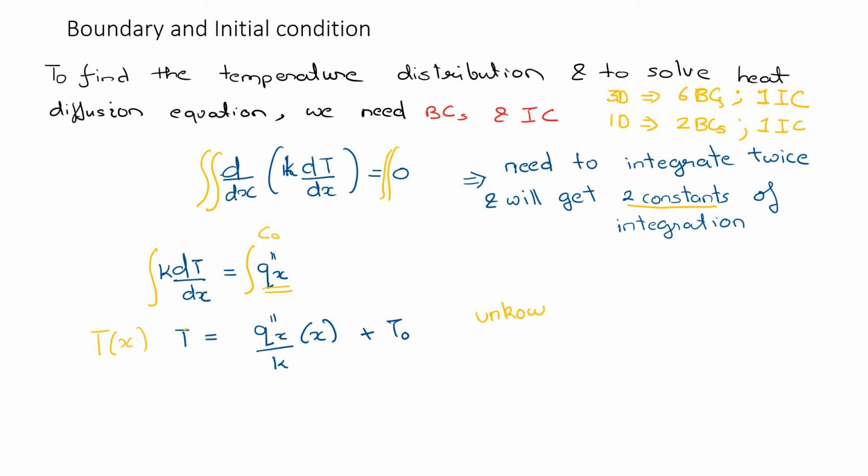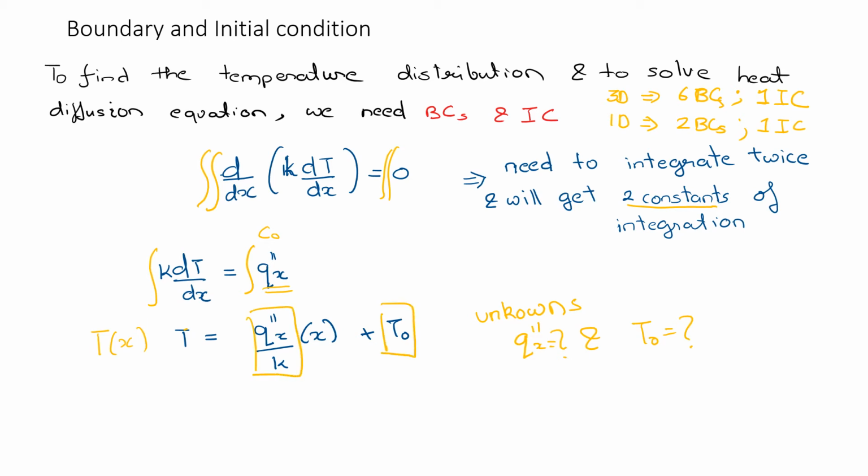So your unknowns in this equation are q double prime x and your T0. To find the temperature distribution in x direction, you need to know the values of these constants.